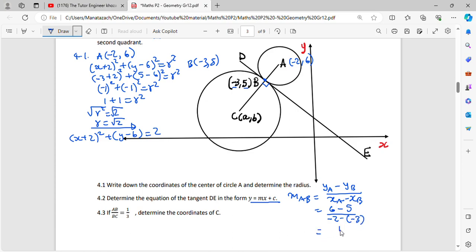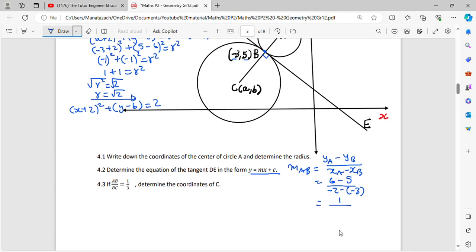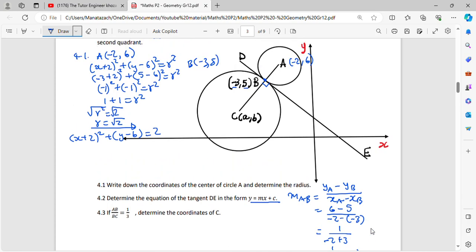This will become 1 at the numerator. Then the denominator is -2 plus 3, which will become 1 divided by 1, which is just 1. Okay, so the gradient for AB is 1.